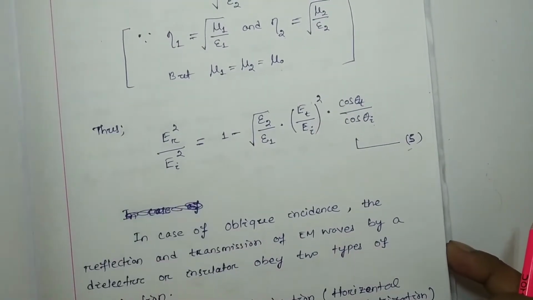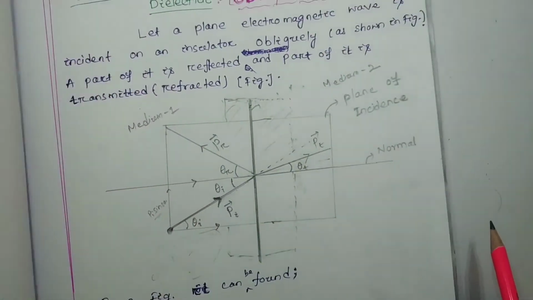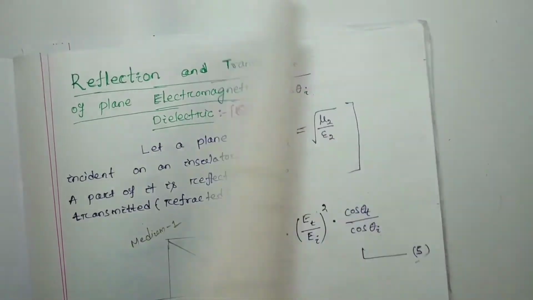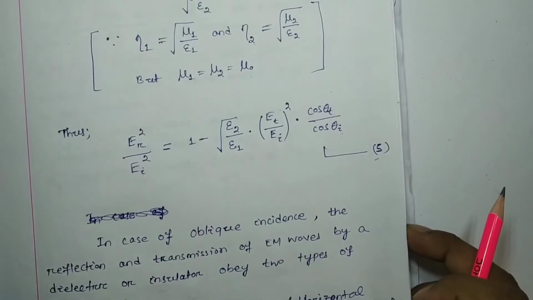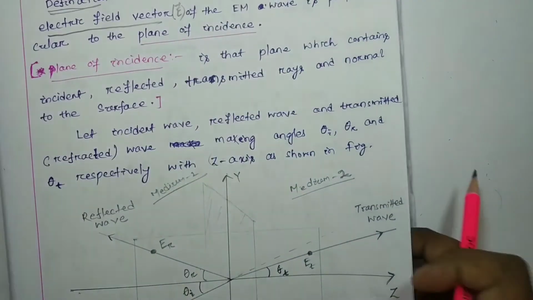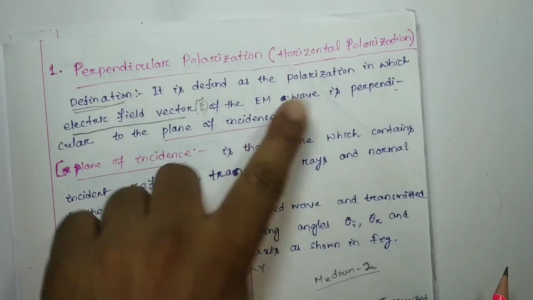Whenever we discussed oblique incidence, at that time we found this equation, and it is also used in this case of perpendicular polarization, as you know.